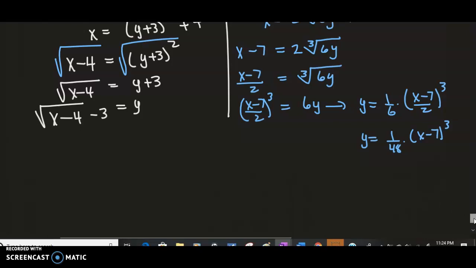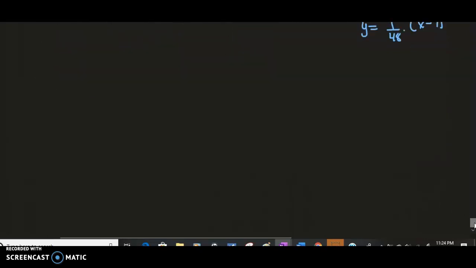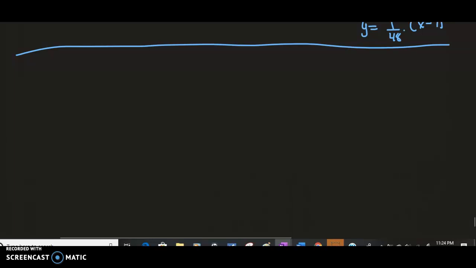I got 6 minutes left on this video. Let's do the inverse of a cubic. So let's say we have y equals 3 times the cube root of x plus 4, and why don't we make it under the parentheses x minus 1.